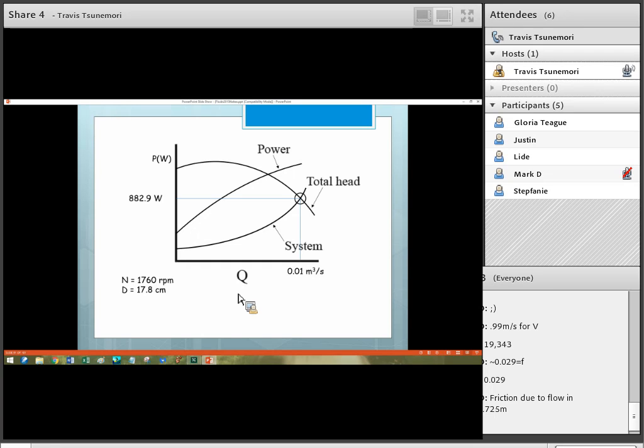So the pump operating point is found by the intersection of the pump performance curve and the system characteristic curve. So if we're going to take a pump and put it on that system, we look at the intersection of the curves and we'll find out what Q we'll get, what flow rate we'll get from that system and what head it will be operating at.